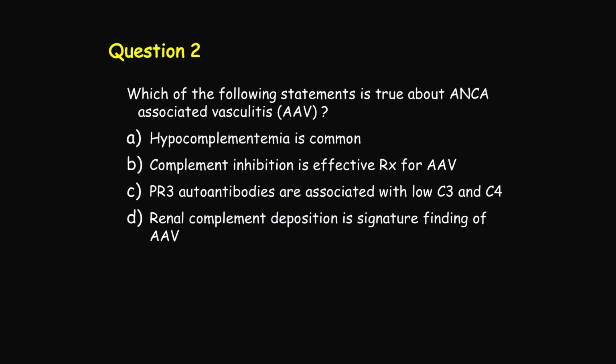Which of the following statements is true about ANCA-associated vasculitis? Hypocomplementemia is common. Complement inhibition is an effective treatment for AAV. PR3 autoantibodies are associated with low C3 and C4. And renal complement deposition is a signature finding of ANCA-associated vasculitis. B, correct. Excellent. You're batting 1,000.